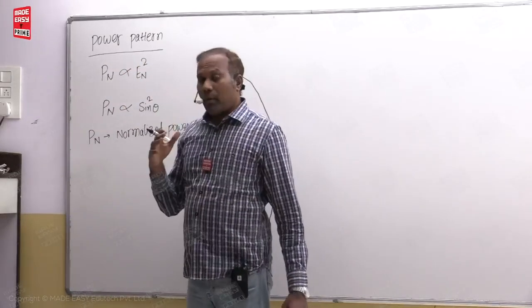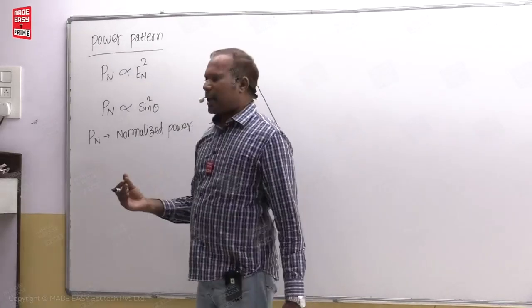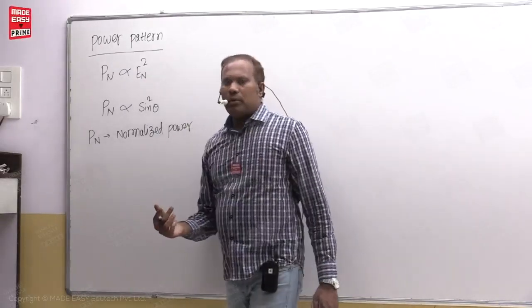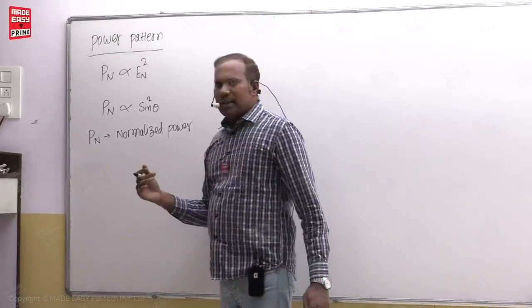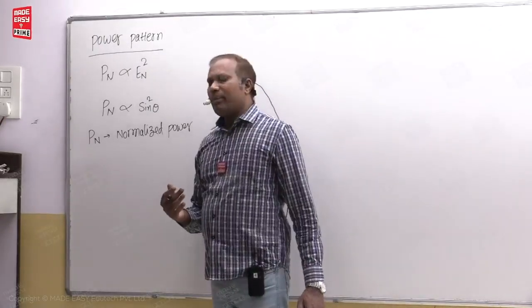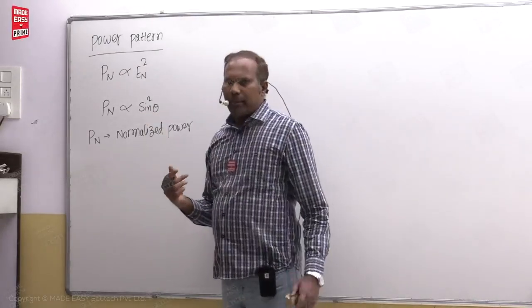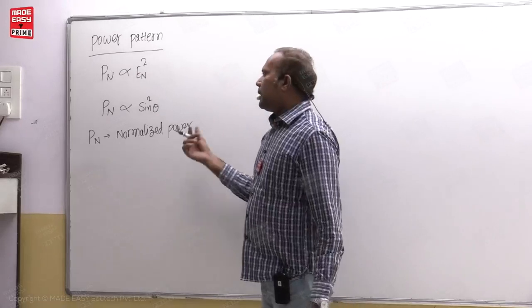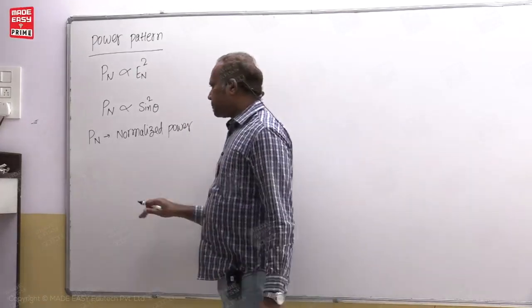If you take power, then power divided by maximum power is defined as normalized power, similar to normalized electric field. So the normalized power means power divided by maximum power. Then only theta term and phi term will be there. But for the Hertzian dipole, there is no phi term. Only theta term is there.